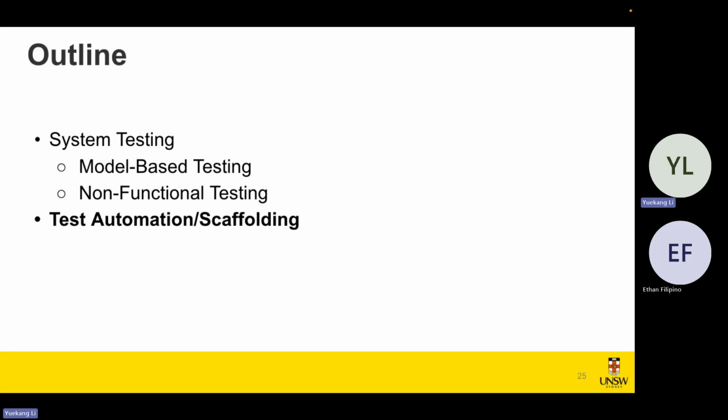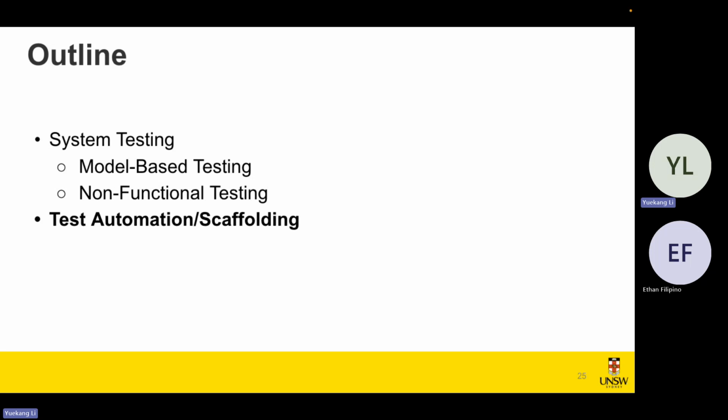System testing is about testing the entire system against some specified requirements to see the overall behavior of the system. And remember system testing in the V model, where it is, right?